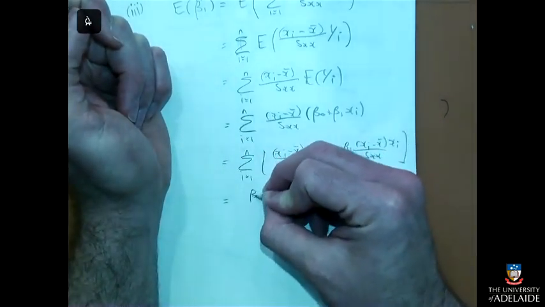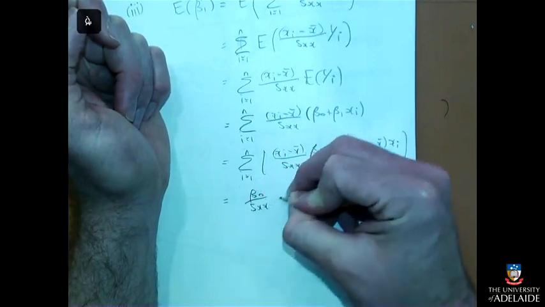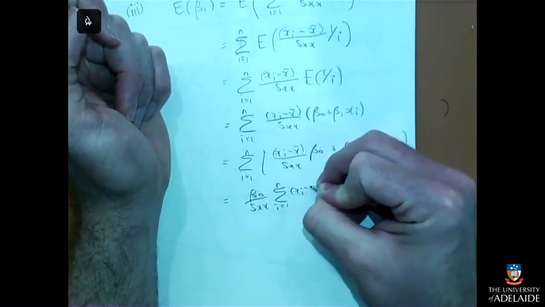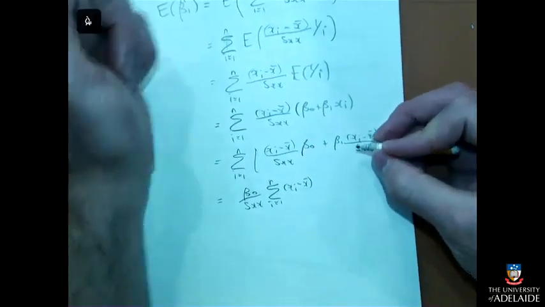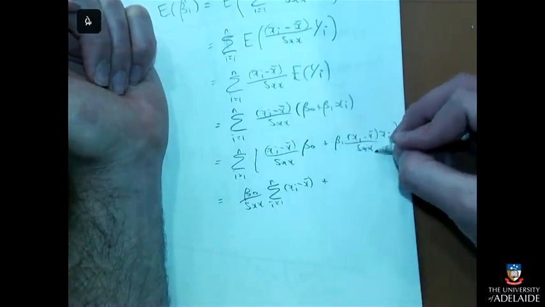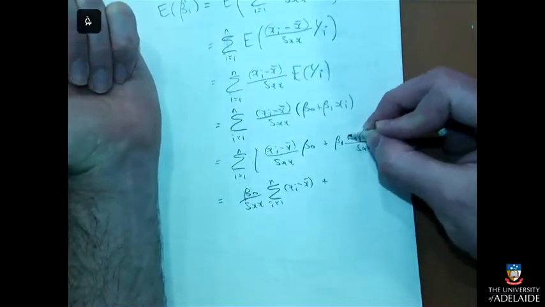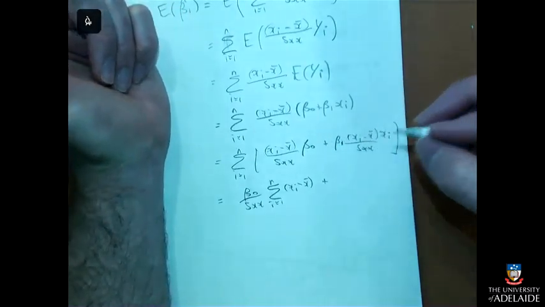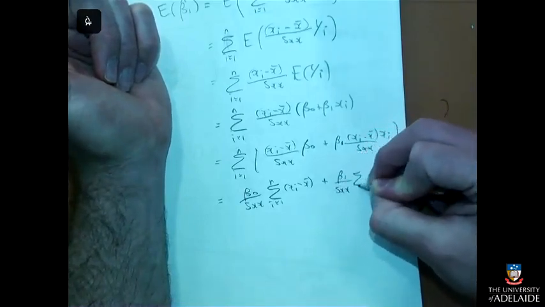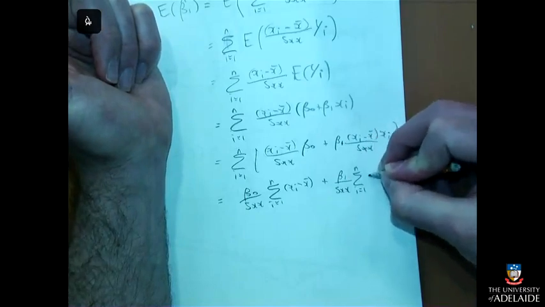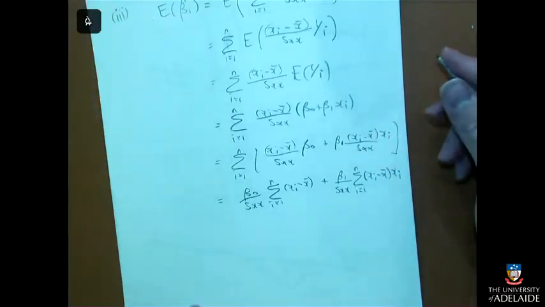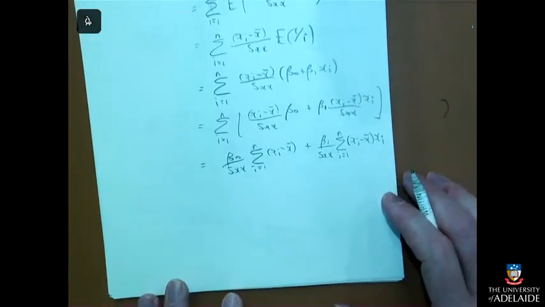So I've got beta naught on Sxx, the sum from i equals 1 to n of (xi minus x bar), plus, now this beta 1 is a real proper constant, and so is this Sxx, so I've got beta 1 over Sxx times the sum from i equals 1 to n of (xi minus x bar) times xi. Okay. Now what have we got?